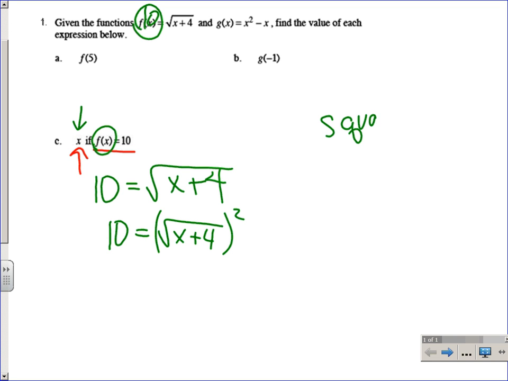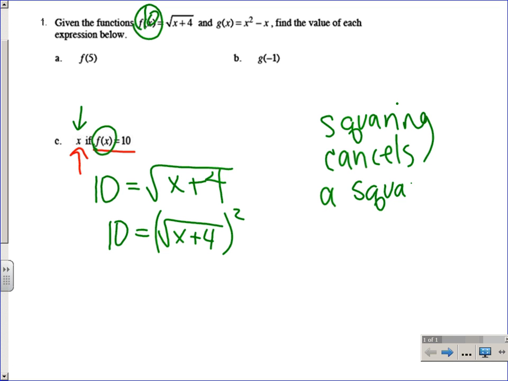Squaring cancels a square root. Important to know that. So this square here will cancel that square root. But I put a square on one side, so I also need to do it on the other side.